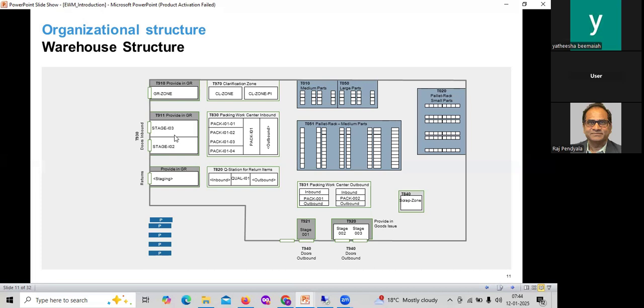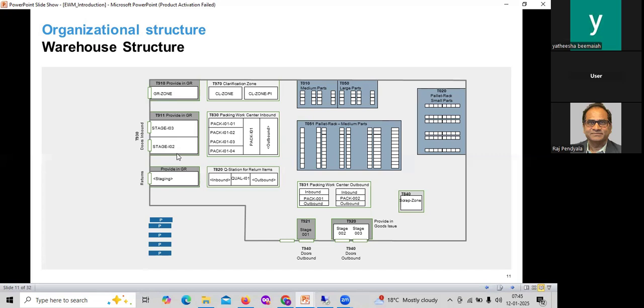Whenever we receive goods from the external supplier, they always stay first at the inbound staging area. The warehouse operators just unload and keep the goods in the staging area. Once the goods receipt is done for the inbound delivery, the stock is in the GR zone.